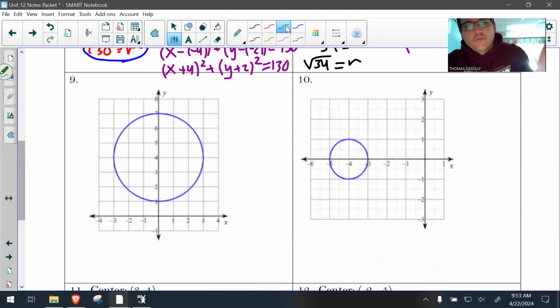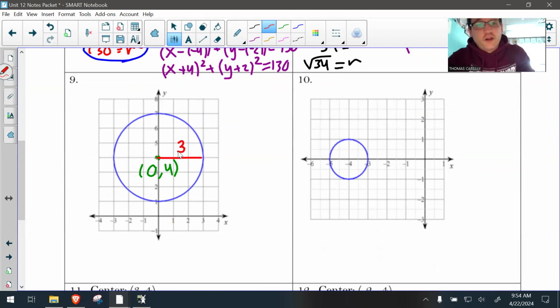Next one here, identify the circle as center, that is 4, 0. No, it's not, it's 0, 4. 0 units to the left and right, 4 units up. The radius on this guy is 3.